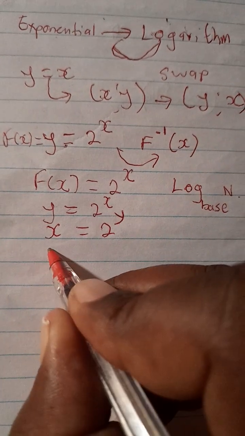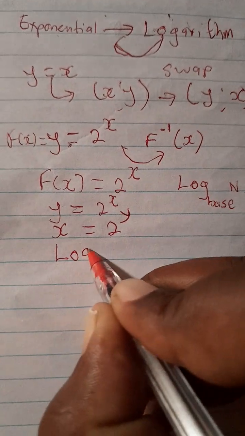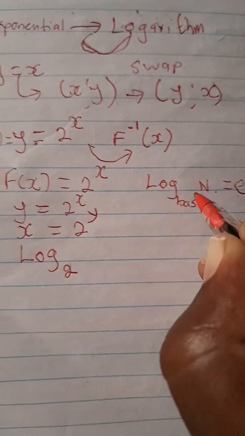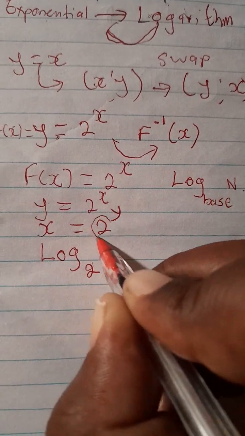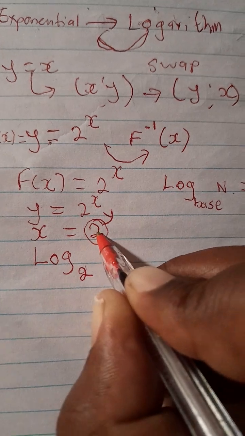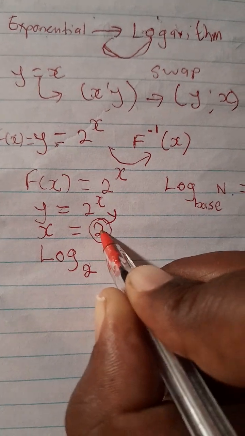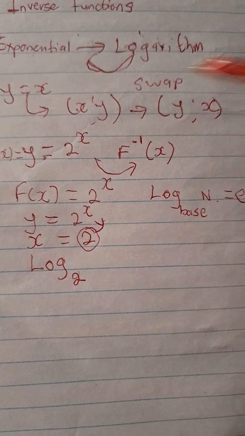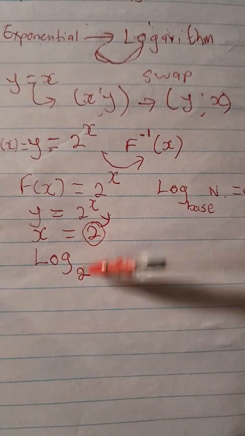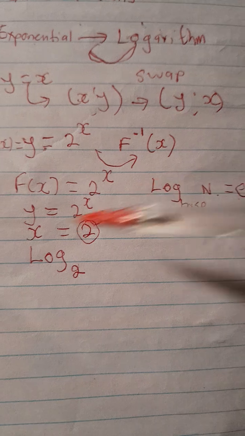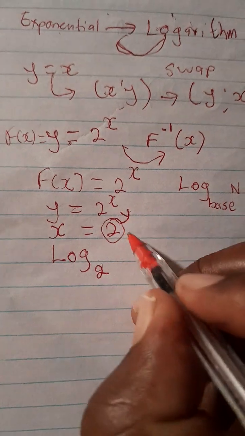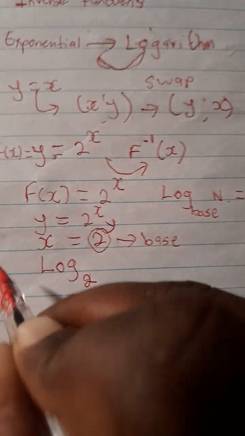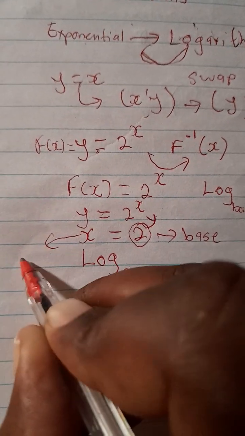So what am I going to do? I'm going to say log. Where there is base, you put 2. Remember, this is 2 to the power, so our base is 2. What is our number? Our number will be x.